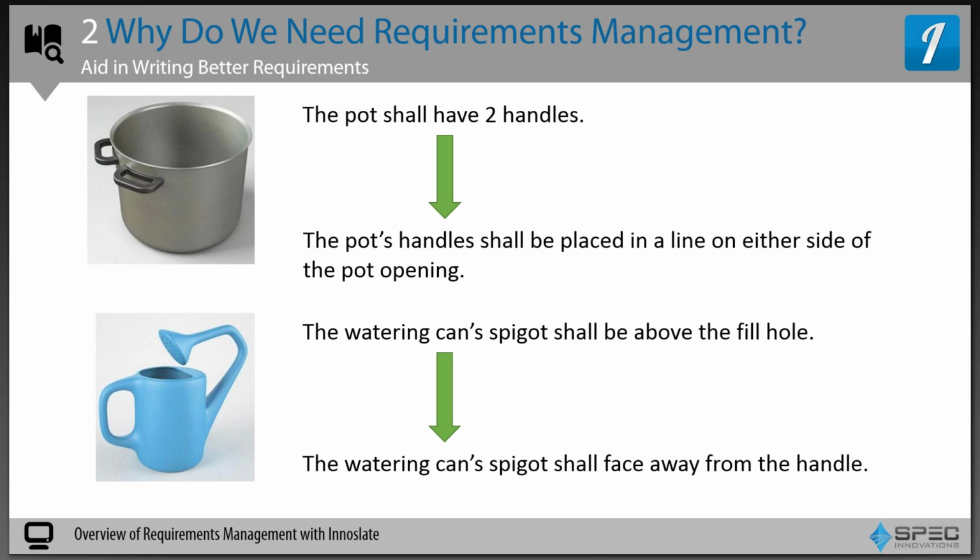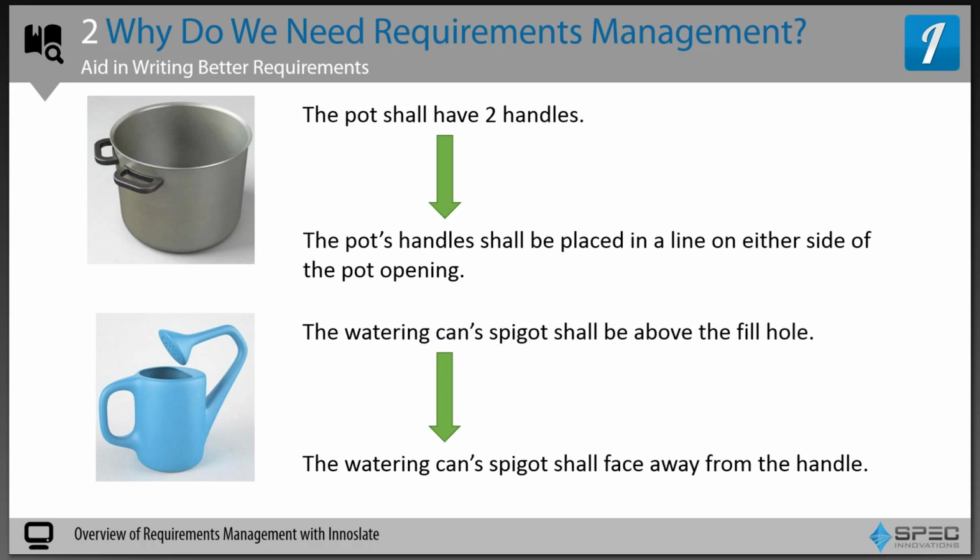But the other big thing about requirements management has to do with writing good requirements. For example, if we have bad requirements, like the example I have here, the pot shall have 2 handles. Well, as you can see in that picture, it does have 2 handles. Now this isn't very useful, but yes it does, but we need to get to writing good requirements. A better requirement for this situation would be the pot's handles shall be placed in a line on either side of the pot's opening.